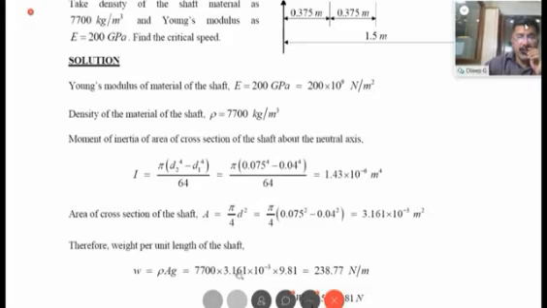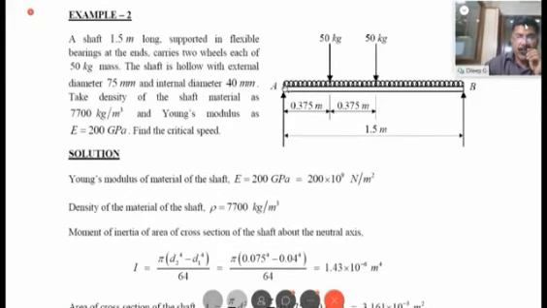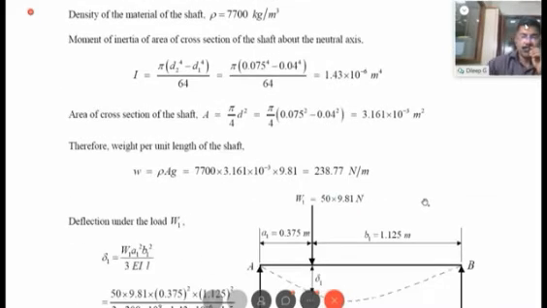Now, rho into A into g, substituting A which we have already found, into g, 9.81 meter per second square, you will get 238.77 Newton per meter. That is, if you take 1 meter of the shaft, its weight will be 238.77 Newton. That is the UDL, uniformly distributed load due to self-weight, 238.77 Newton per meter.